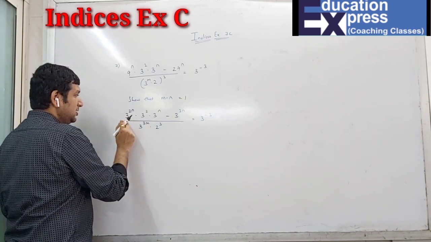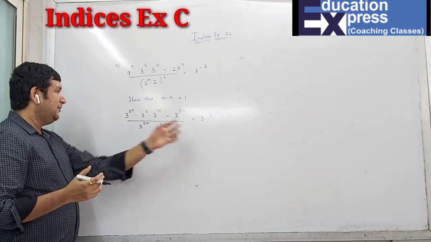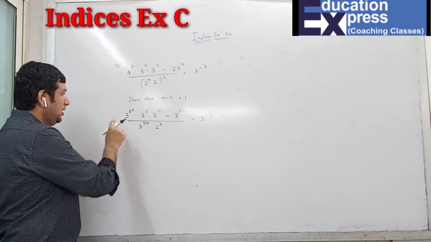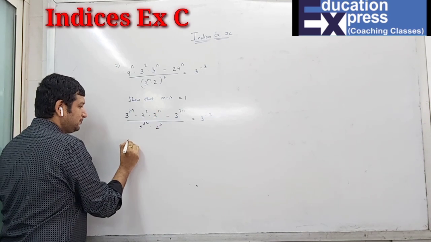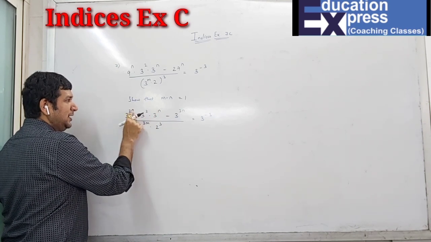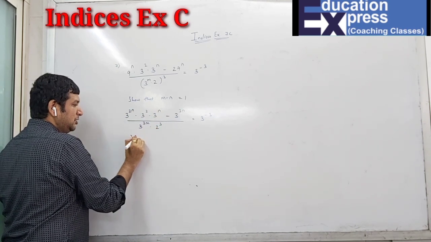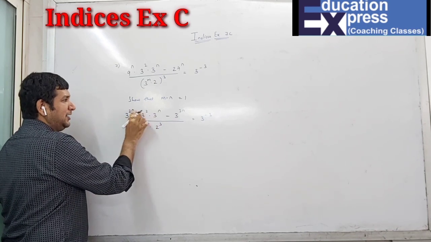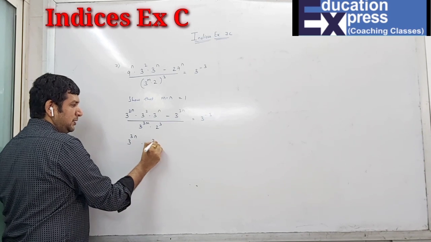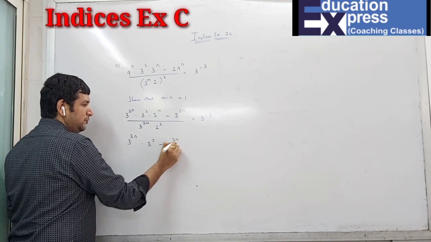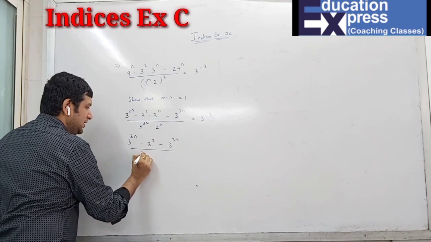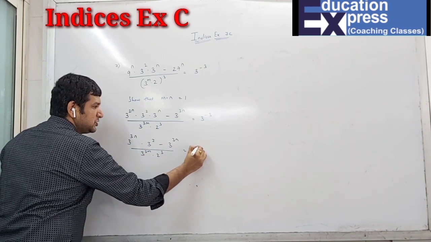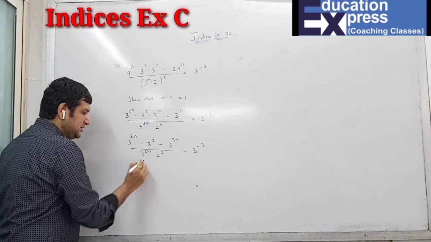Now students, I have told you earlier also that whenever you have a base with a variable and a base with a normal number, we'll separate them. So here I will take this and this together. So these bases are the same, and 2m plus n is nothing but 3n. Reason? In multiplication form, I'll add the powers. 3 square minus 3 cube upon 3 raised to 3m and 2 cube is equal to 3 raised to minus 3. Now the bases are the same.